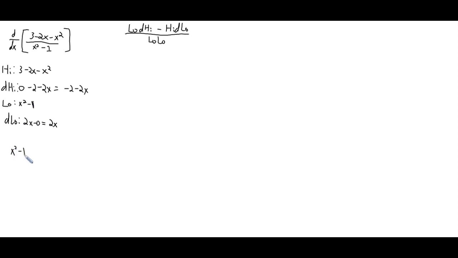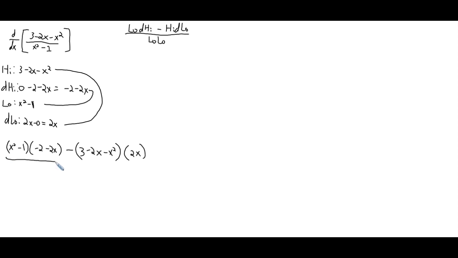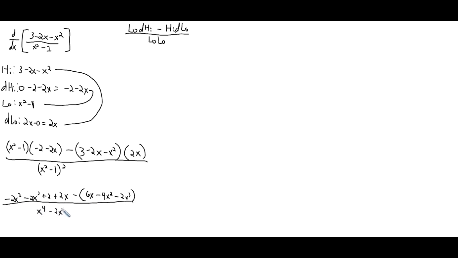Again, we start with low d high, which is x squared minus 1 times negative 2x minus 2, minus high d low, which is 3 minus 2x minus x squared times 2x, all divided by low low, which is x squared minus 1 squared. And now we simplify this to negative 2x squared minus 2x cubed plus 2x minus, in parentheses, 6x minus 4x squared minus 2x cubed, all divided by x to the fourth minus 2x squared plus 1.